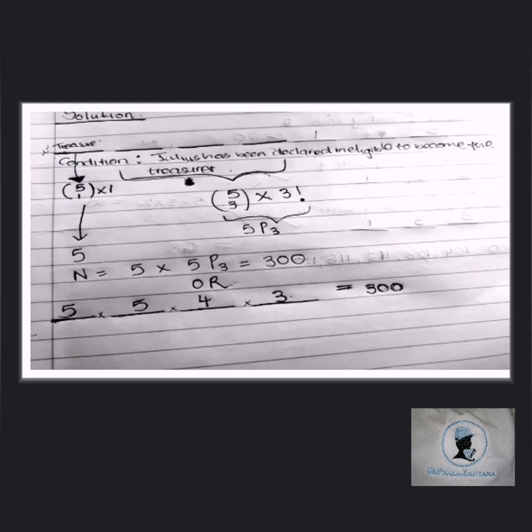So to meet this condition, we have 6 people, but Julius cannot be a treasurer. Maybe they know that he'll eat the money or something, so they are disregarding him in that position. So you know that you are left with 5 people to choose from now to become treasurer. So what we are going to say is 5 choose 1.